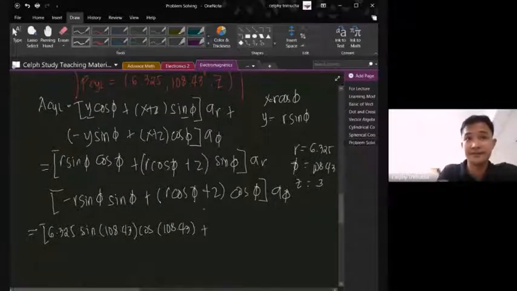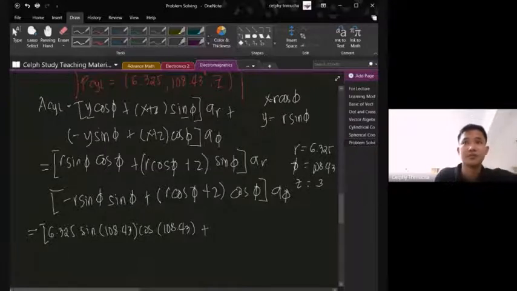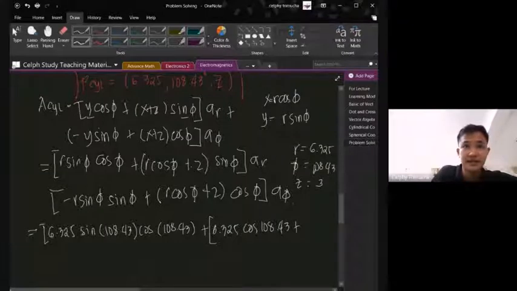So plus, we will have r cosine 6.325, then cosine sa aton nga angle nga 108.43 plus z naton, which is 3.